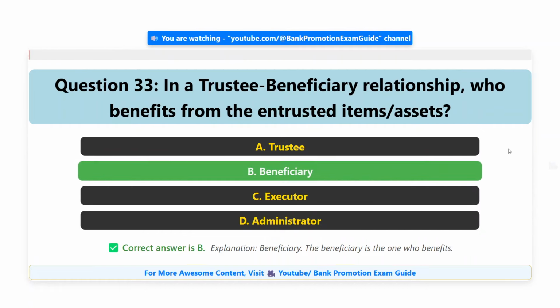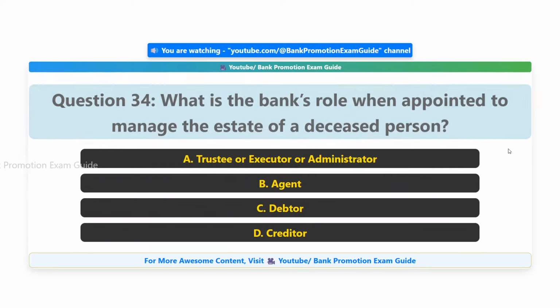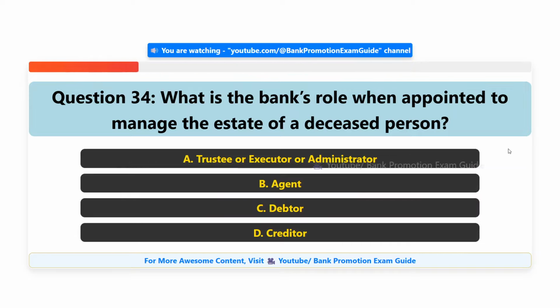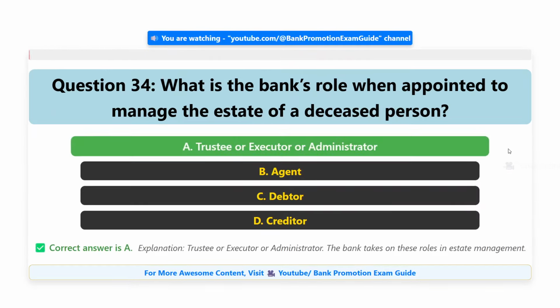The beneficiary is the one who benefits. Question 34. What is the bank's role when appointed to manage the estate of a deceased person? Trustee or executor or administrator. The bank takes on these roles in estate management.